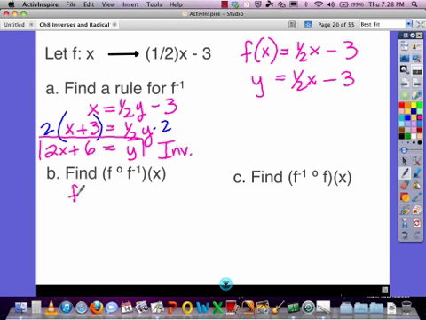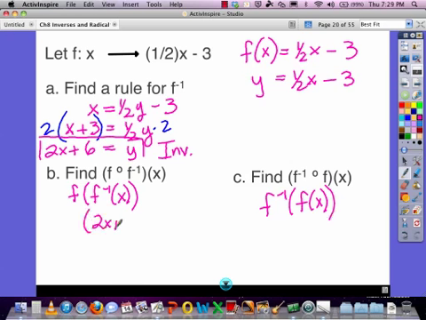Again, let's write our f of x notation, which again is more comfortable to some of you, and over here it would be f's inverse of f of x. And since we have equations now, we can put those in. So f's inverse was nothing more than 2x plus 6. So we're going to put that inverse in. Remember, that represents a number. And so now we need to take that 2x plus 6 and put it into the f rule.